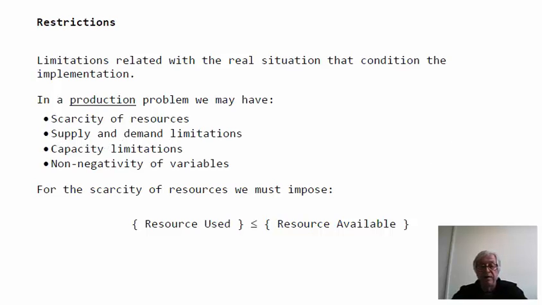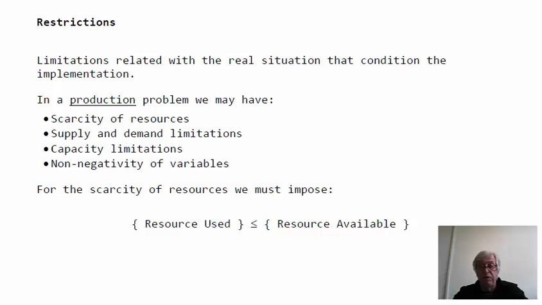For example, in the case of the supply, we may have insufficient space to store raw material. In the case of demand, we may be unable to sell all of our production. We may have also capacity limitations, and we have also, in general, conditions related with non-negativity of variables. For example, the quantities cannot be negative.